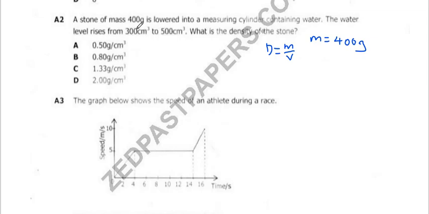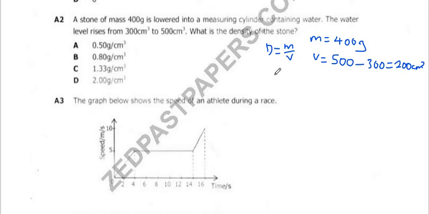So this 300 centimeters cubed is the volume of the water alone, and the 500 centimeters cubed is the volume of the water and the stone together. So the volume that we have is simply 500 minus 300, which gives us 200 centimeters cubed, right?